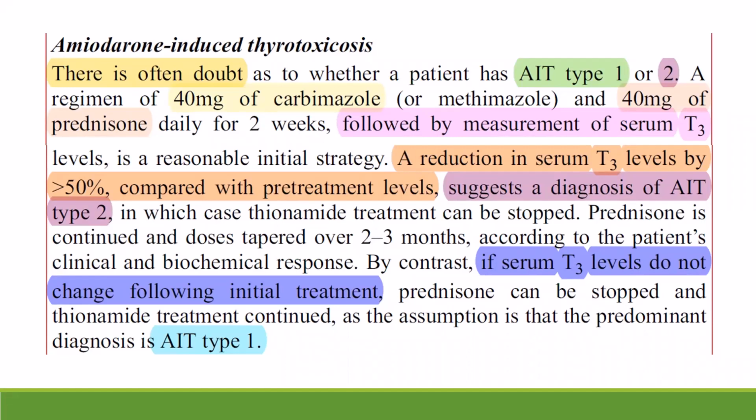If the T3 reduction is more than 40%, I will stop carbimazole and continue prednisolone, because this is amiodarone-induced thyrotoxicosis type 2. If there is no rapid improvement of T3, I will taper and stop prednisolone and continue carbimazole, because this is amiodarone-induced thyrotoxicosis type 1.